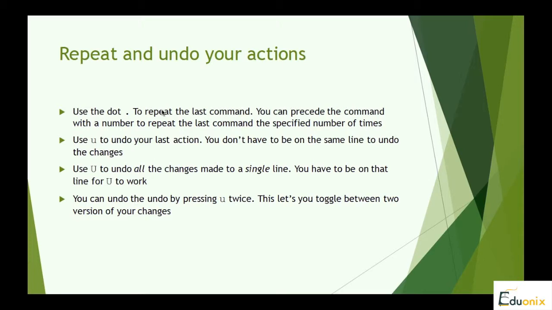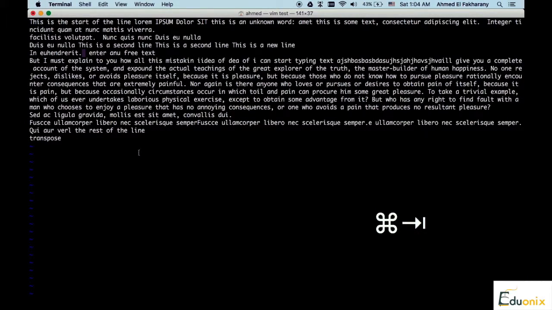VI also offers you a way to undo your last action, and probably you have seen me use this command a lot in the previous examples and the previous lectures. It is the U. U stands for undo, and it will undo your last action. And you don't have to be on the same line to undo the last action you did on that line. For example, what if I here want to undo what I did, which is I joined the line.